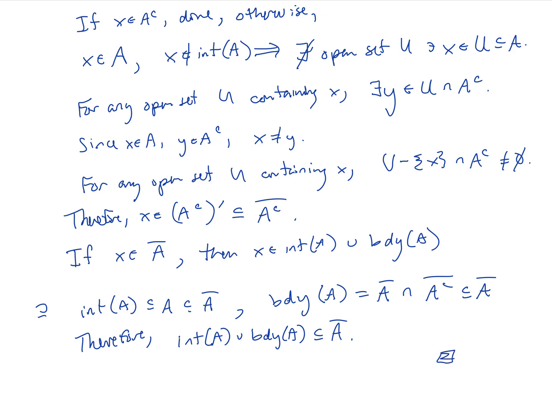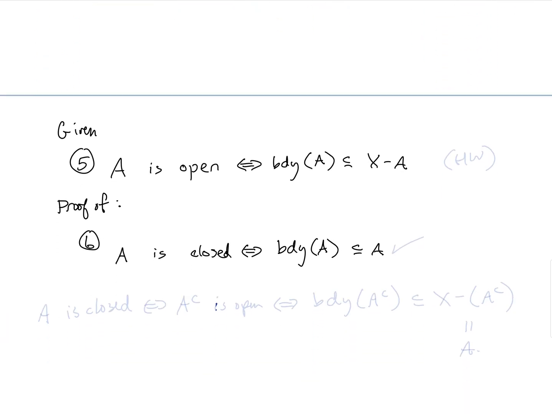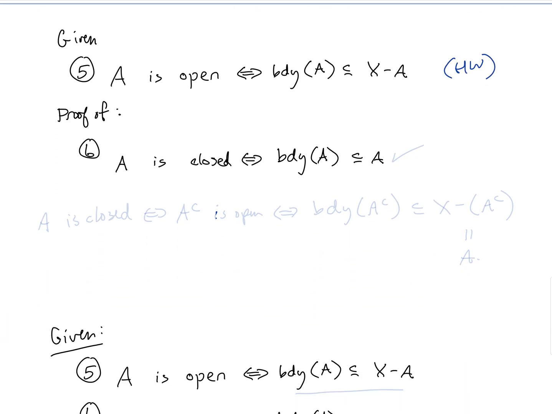So that's part 4. Part 5, as I said, you're going to prove for homework. And for part 6, assuming that part 5 is true, let's now prove 6. So we're going to prove this using the duality between open and closed sets.